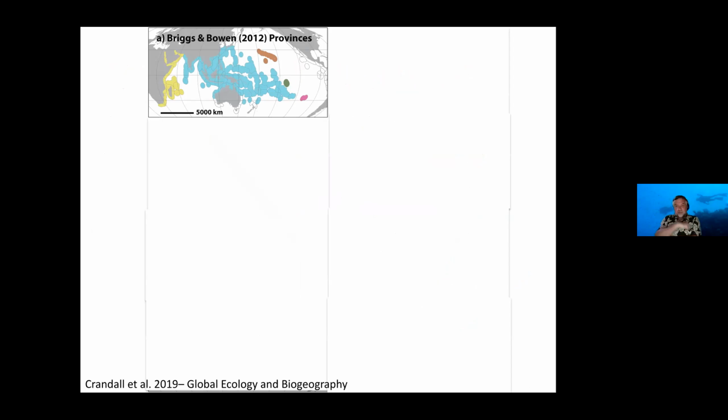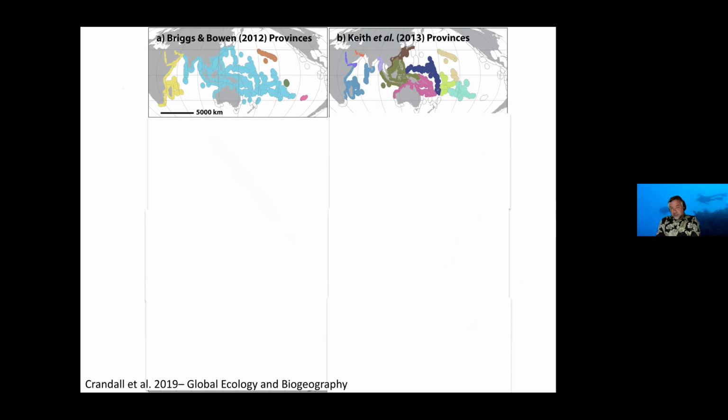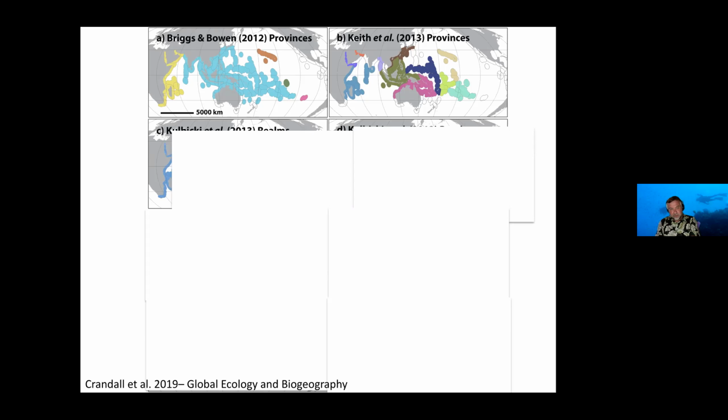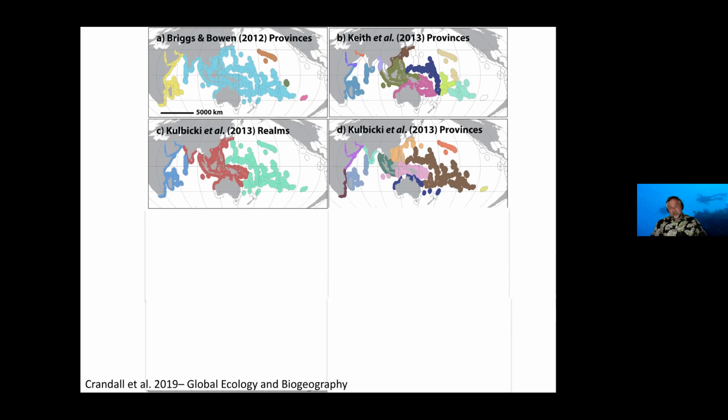Of course, we started with Brian Bowen's and Jack Briggs' 2012 Indo-Pacific provinces based on fish endemism. Then we looked at Keith et al., who looked at range ends of coral species and came up with these provinces. Kulbicki et al. did an area cladogram analysis on fish species and came up with a two-level hierarchy of realms and provinces.